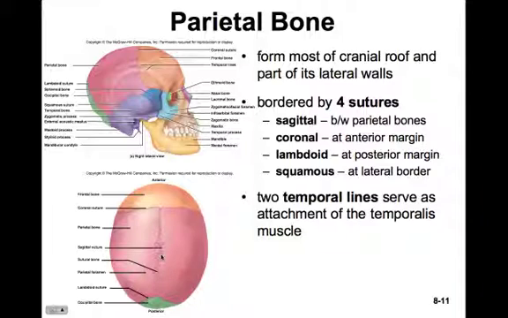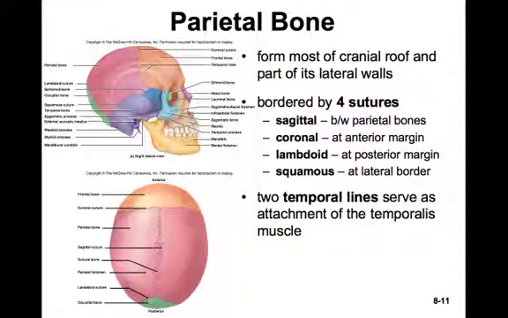The coronal at the anterior margin, here between the frontal and both parietal bones. The lambdoid suture is the one we see on the posterior margin of the parietal bone between the pink and the green, and the squamous we see at the lateral border between the parietal and temporal bone.